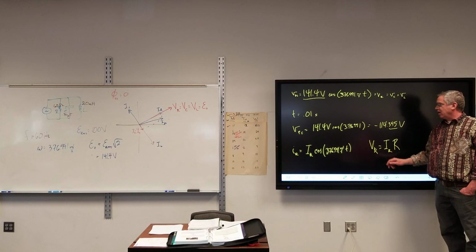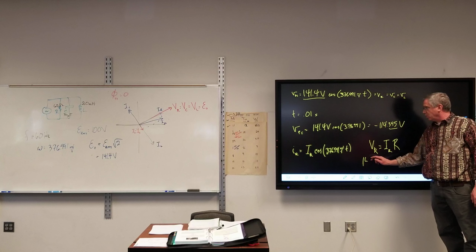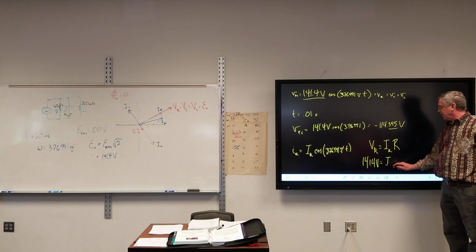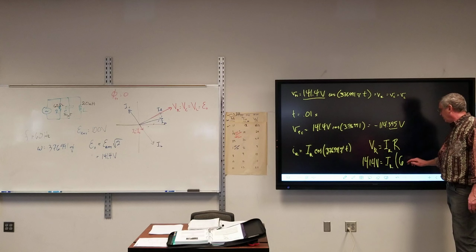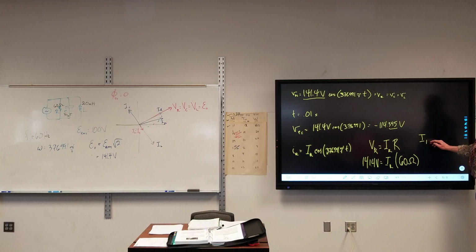V_R, the amplitude of the voltage for the resistor, is 141.4 volts, and that's equal to I_R times my resistance, which is 60 ohms. Therefore the magnitude of my current is 2.356, with the 6 repeating, amperes.